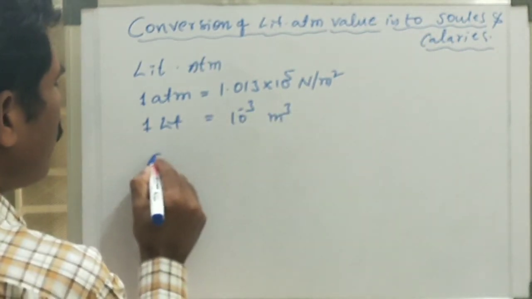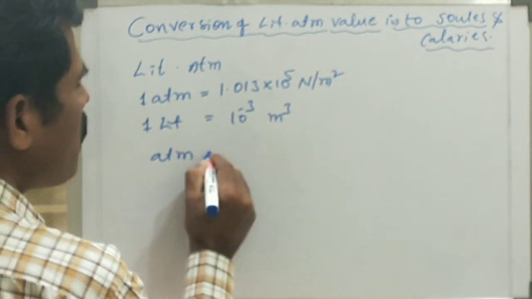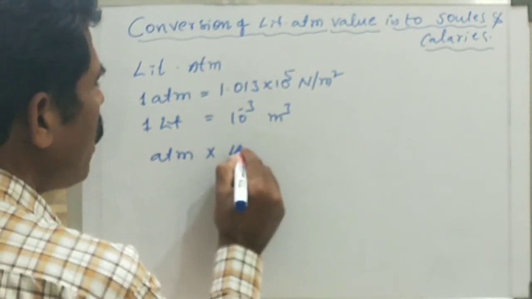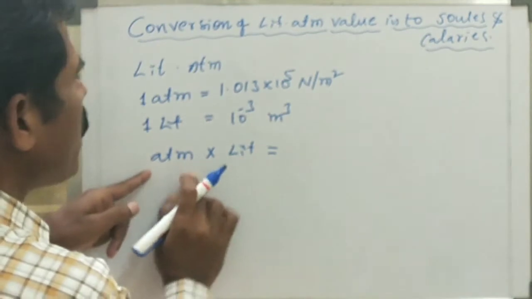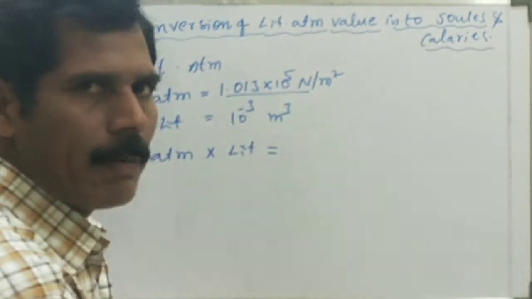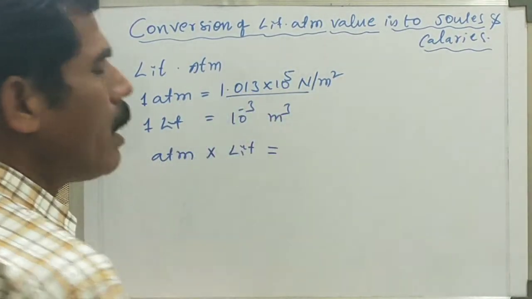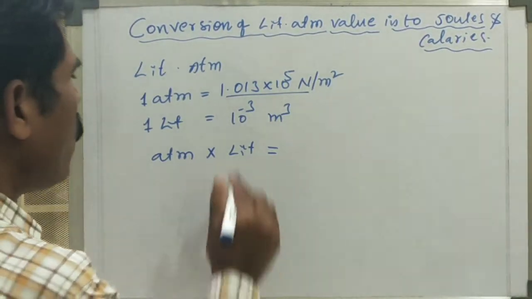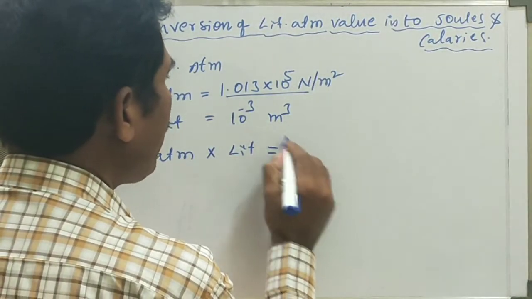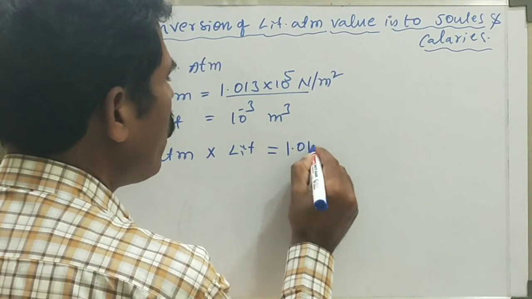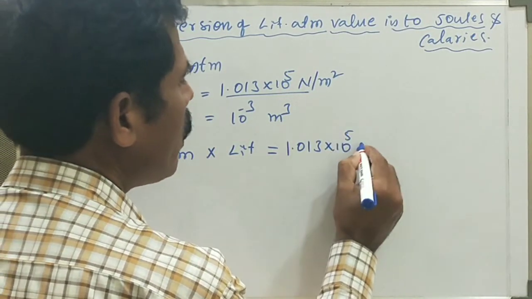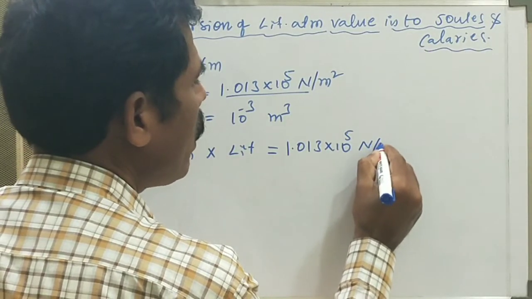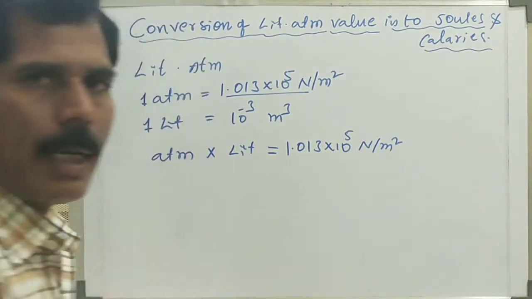Atmosphere into liter is equal to: 1 atmosphere is 1.013 into 10 to the power of 5 Newton per meter square.